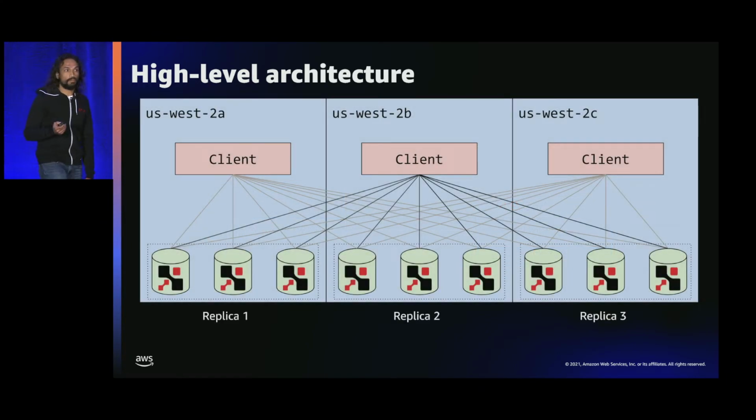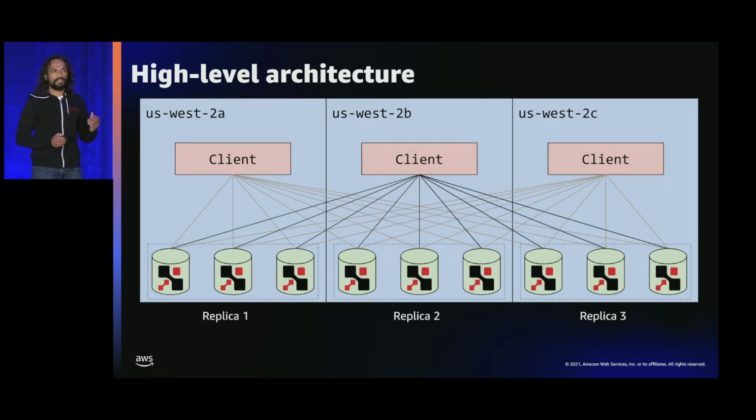This is a better view of an EVCache cluster in a particular region. This is a cluster in US West 2. You can see that the cluster is deployed in three availability zones in US West 2, A, B, and C. Each availability zone has a full copy of data, and in each availability zone there are 3 nodes.